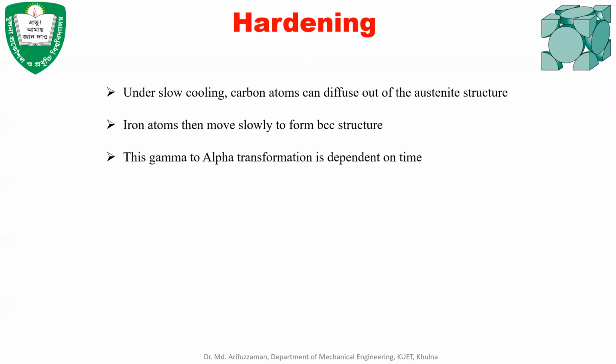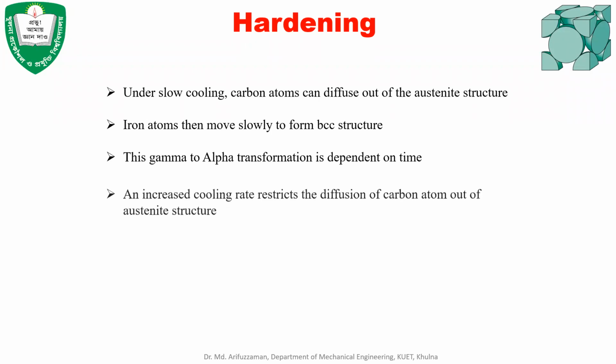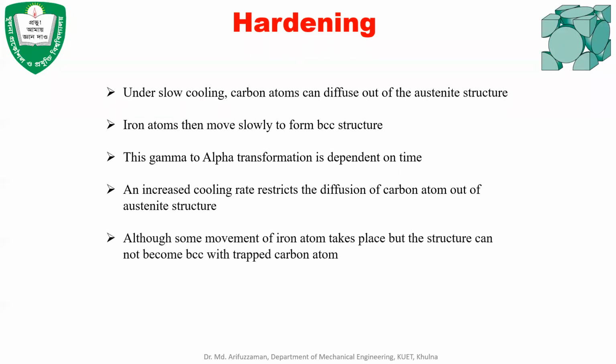cannot be obtained. In that case, there is not enough time to diffuse the carbon atoms out of the iron structure, and because of that, the carbon atoms are trapped inside the FCC structure of the austenite. Because of that entrapment of the carbon atoms, the crystal structure also changes.